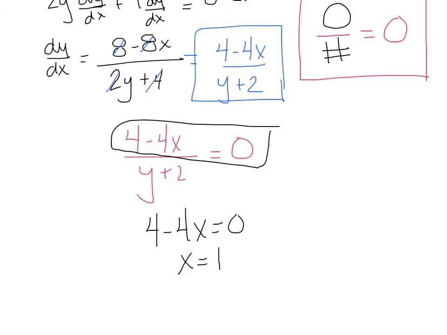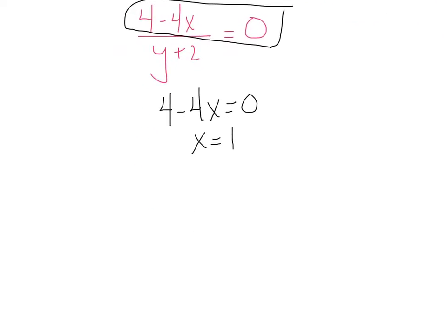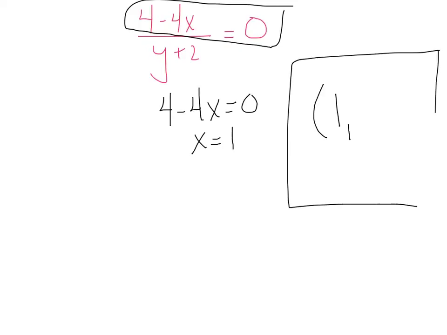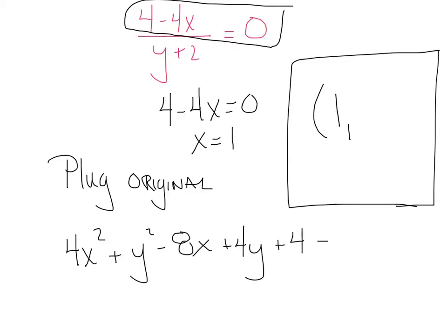Now, we're not done there. Remember the question said, find any points where we have horizontal tangent lines. Points imply you have an x and a y. So I know my x value is 1. I need to go get my y value. And we're always going to plug things back into the original. So that original equation was 4x squared plus y squared minus 8x plus 4y plus 4 equals 0.